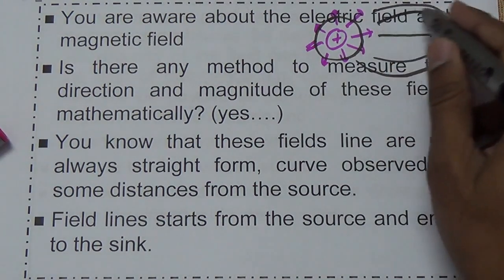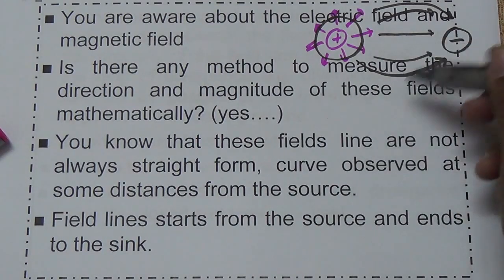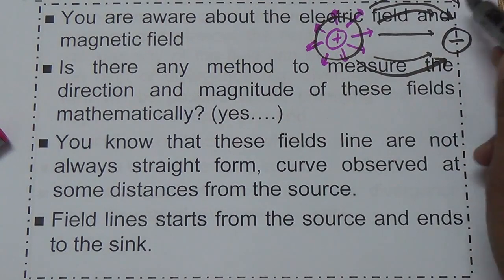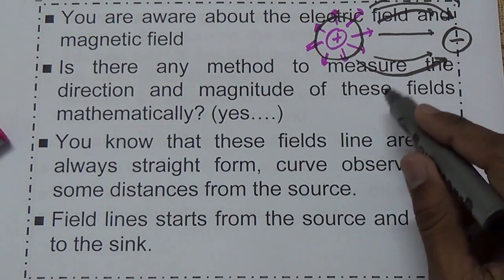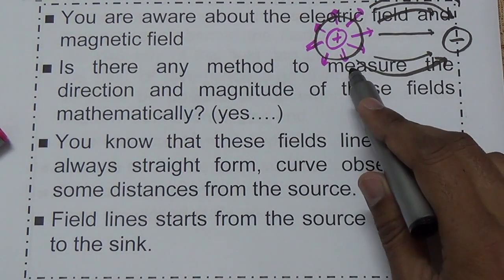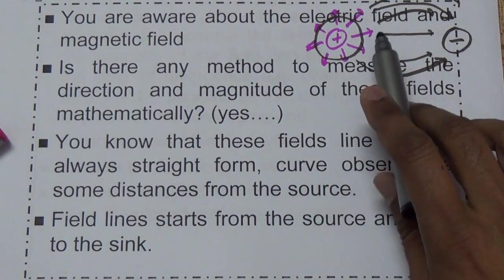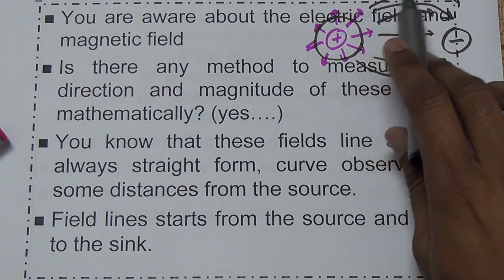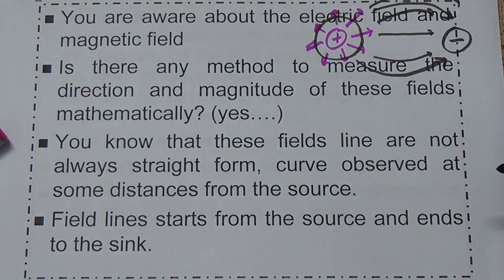So how to measure this curve and this direction? That comes with the help of the curl operator. If the electric field lines are straight, then we can measure the electric flux at any point with the help of the divergence. But if we have to measure such kind of electric flux where we are observing the curvature, then we have to use the curl operator.